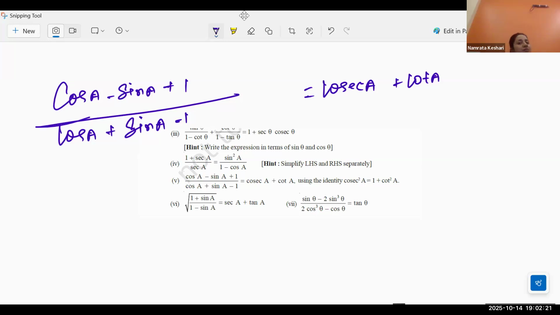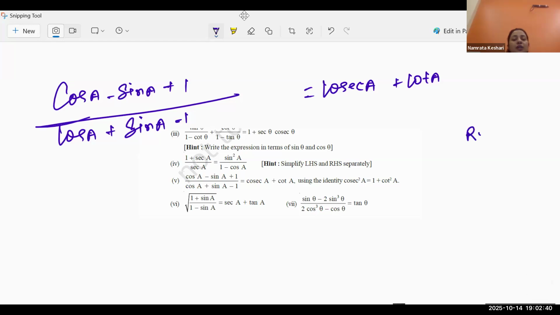First of all you have to see the left hand side and try making it cosec and cot. Whatever is there, cos, sine, we are trying to convert it in terms of cosec and cot. For that, maybe we have to divide by sine, or maybe by cos. You can check it in the rough part.